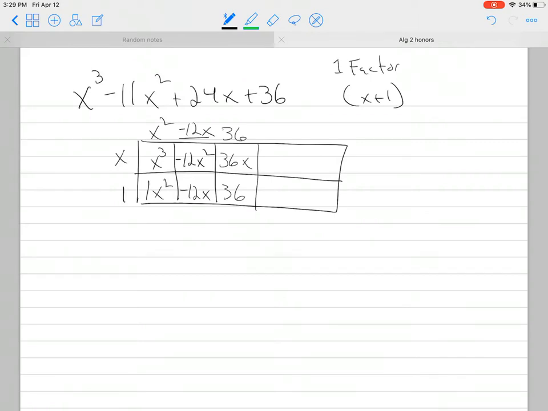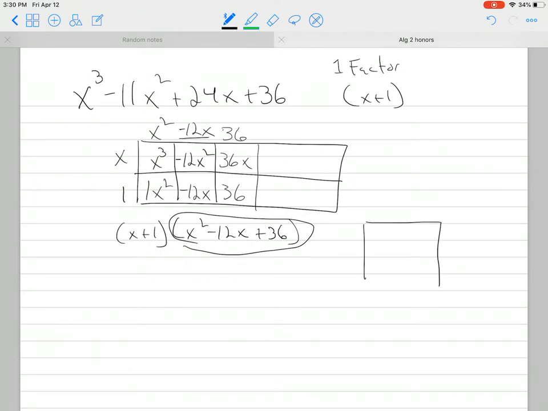So now, I found this quadratic. I know that it is x plus 1 times x squared minus 12x plus 36. Now I gotta take this bad boy and factor it. So I'm gonna use that area model again.